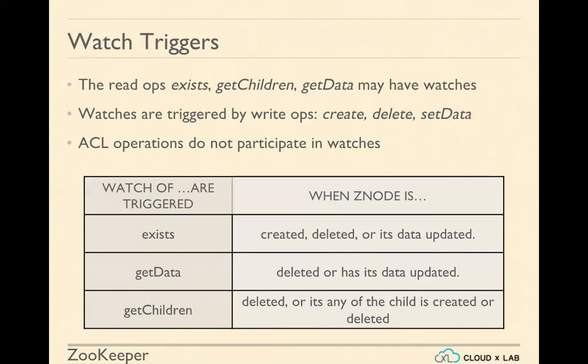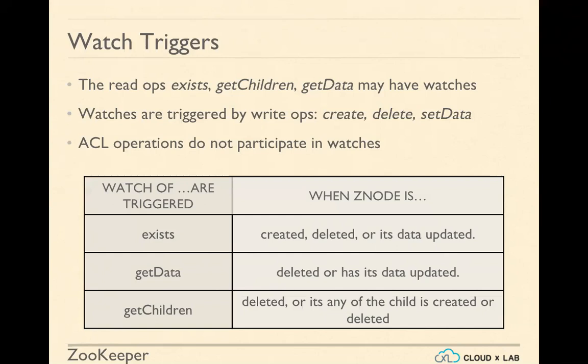Exist checks whether a particular Z node exists or not. If it does not exist, then whenever it gets created, the watch will be called. If it exists, then whenever the Z node is created, deleted, or modified, the watch will be called.